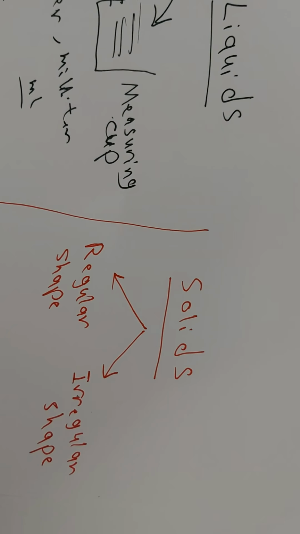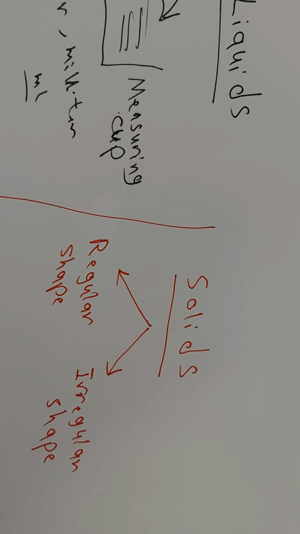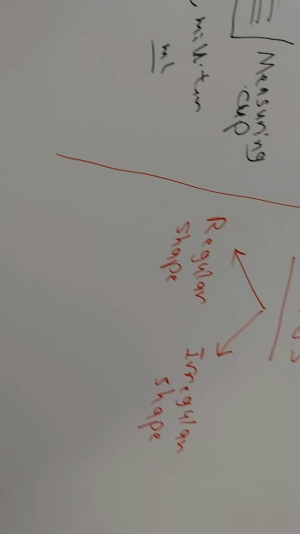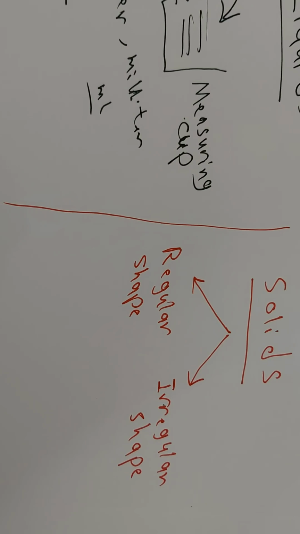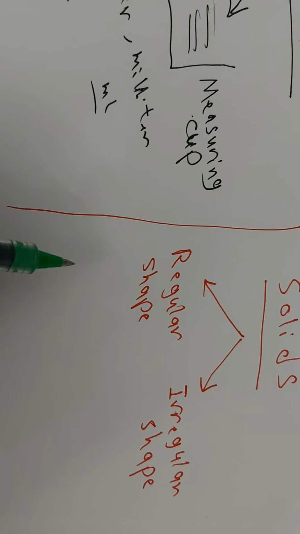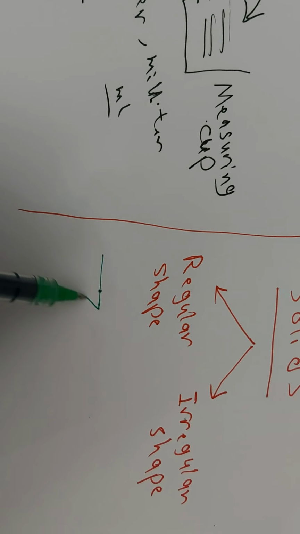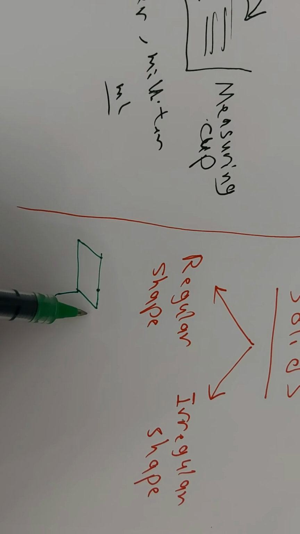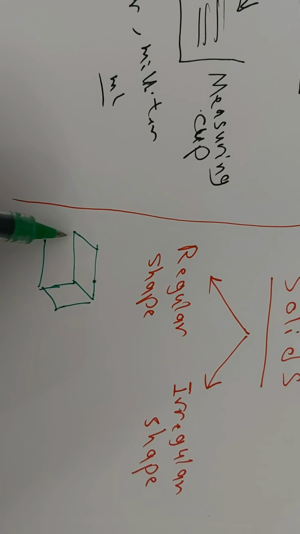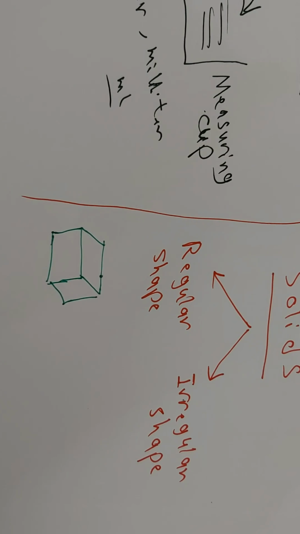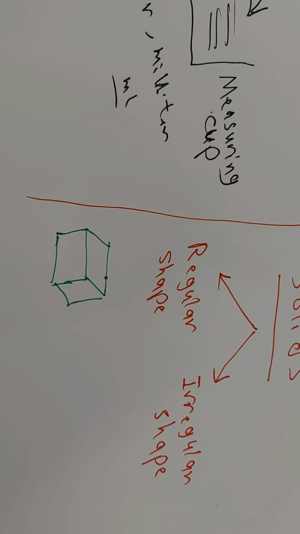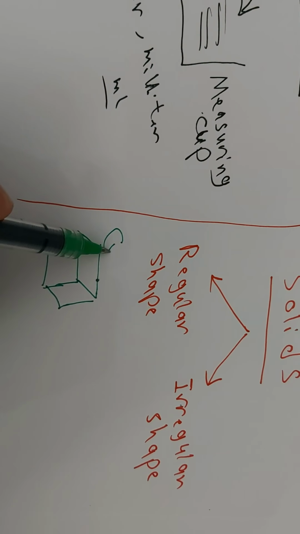To find the volume of a solid, you have to know whether the shape is regular or irregular. Regular shapes are like prisms, cubes, and spheres. In your book we only have the cube.